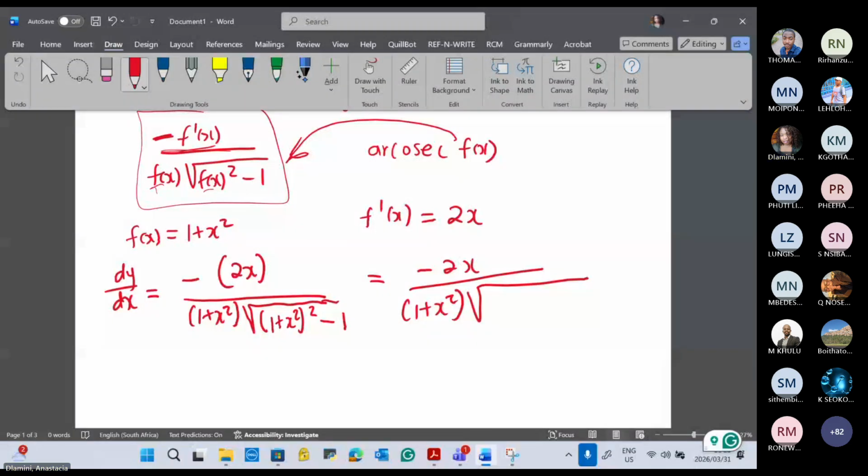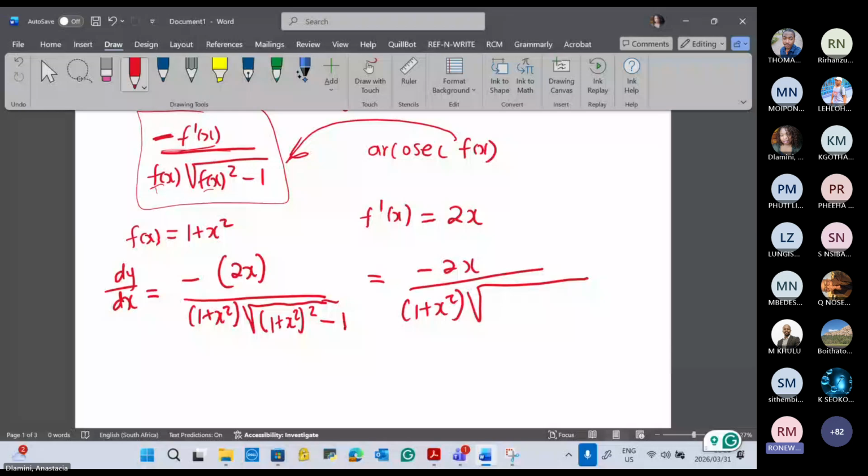Okay. So what's the answer in this case? After factorization, we're going to get x to the power of 4 plus 2x squared. So you're saying here we get what? No, let's do it step by step.